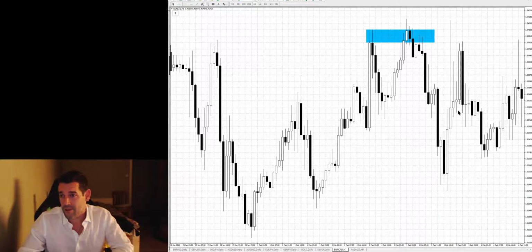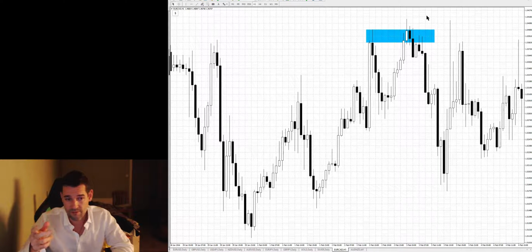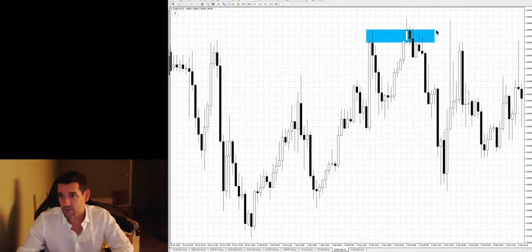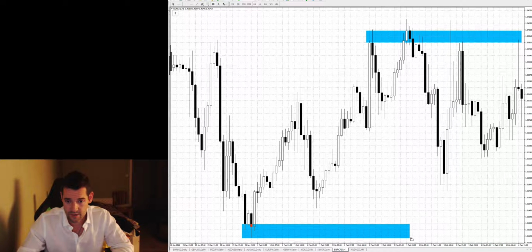And yeah, next time, huge spike. Again, cannot close above. Apparently it happened yet another time. So it should be significant as well as this.